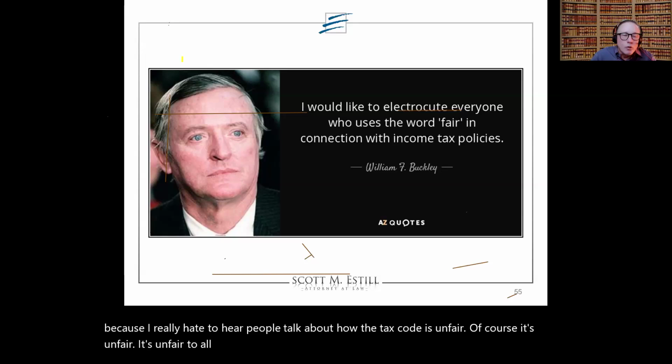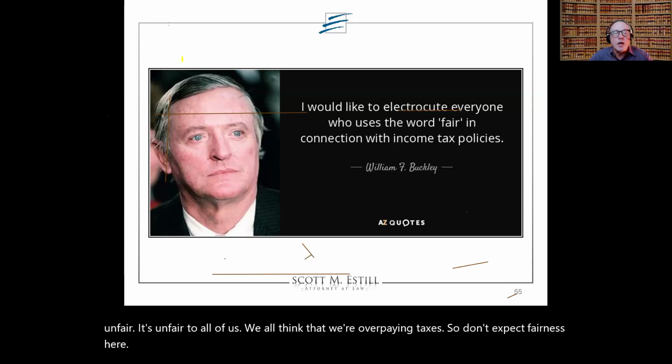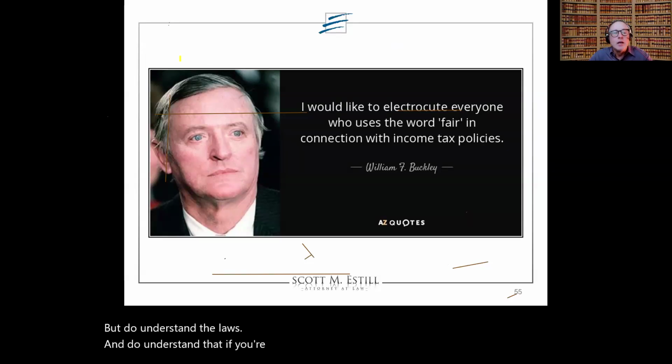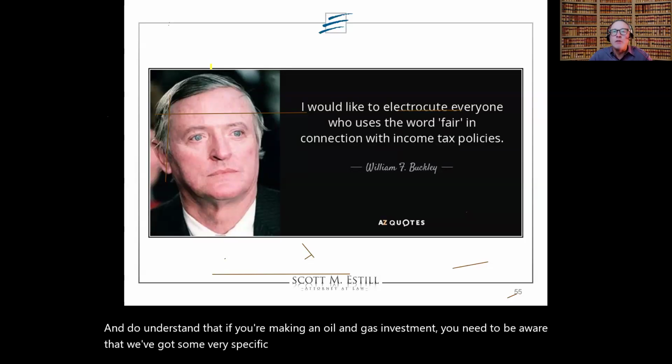We all think that we're overpaying taxes, so don't expect fairness here. But do understand the laws and do understand that if you're making an oil and gas investment, you need to be aware that we've got some very specific tax provisions, most of them very favorable to us, and you need to take advantage of them.